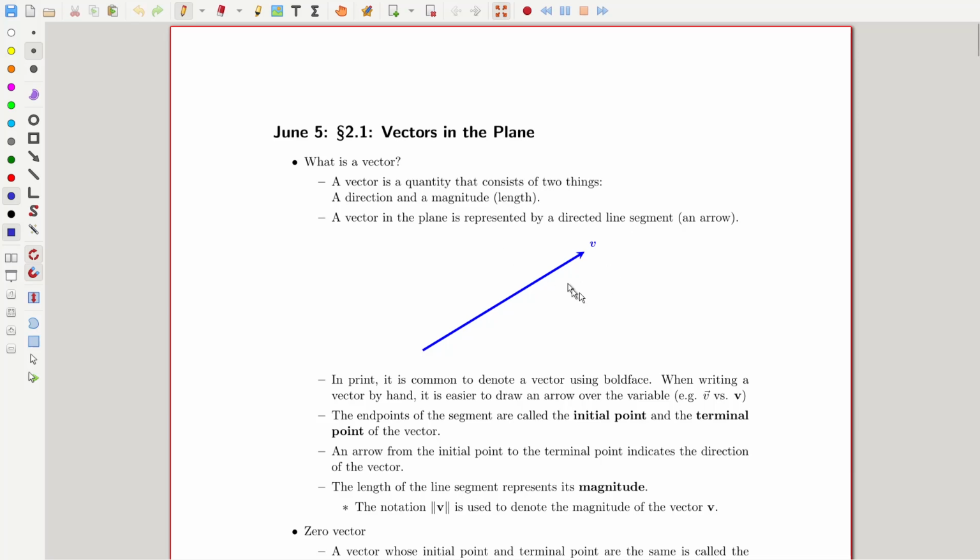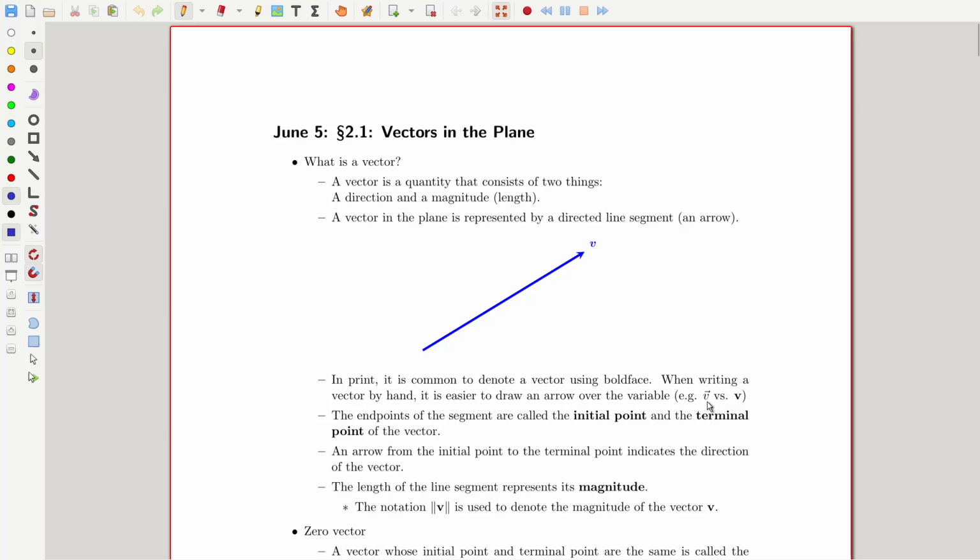Okay, a vector can be depicted like this. You can see this is the vector v. It's a directed line segment. It's an arrow. One thing, in print, vectors are typically denoted with boldface. Some texts might even denote them with usual math font.